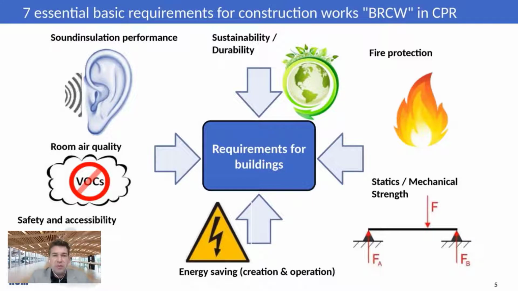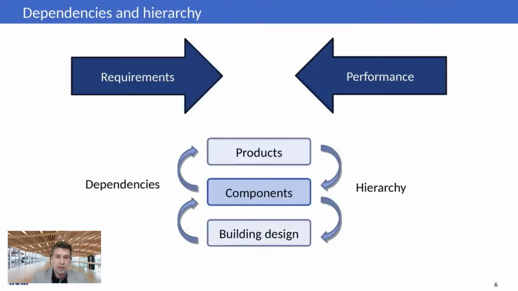So we have many different requirements on buildings, and in European law, they are separated into 7 different basic requirements. And today we draw our attention to the sustainability of buildings. When we optimize buildings, there is always a dependency from building design to components to products.